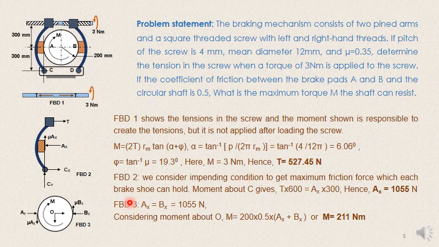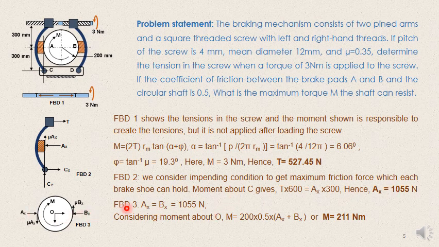As M is the maximum moment, we are considering this impending condition which gives the maximum force. So this is the free body diagram of this one. This is rotating like this, so the friction force is here like this, here like this, and at O there is some reactive force, obviously, because it is rotating on some bearings. So this is the figure.